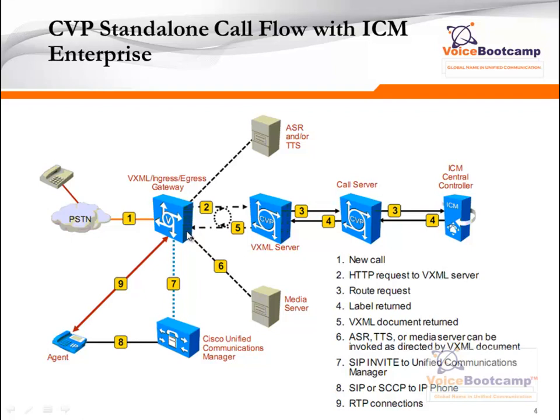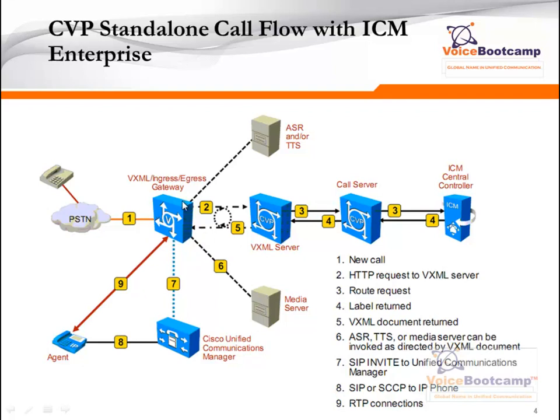What is returned back to the ingress gateway is a VXML document along with the label that was returned from the ICM enterprise. Now, when the call comes into the voice gateway, the voice XML gateway, it is up to the gateway to decide whether it requires a connection with an ASR or TTS server if it requires speech or automated speech recognition, or to contact the media server to play the prompt.